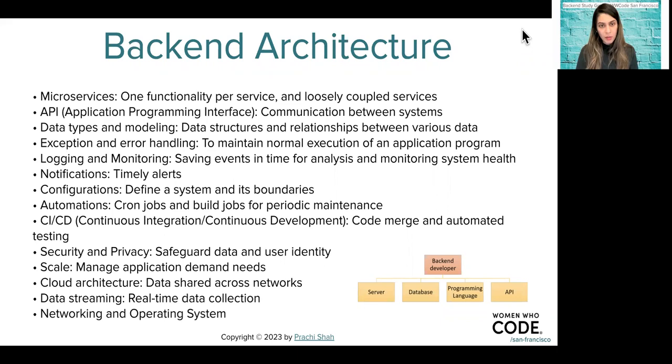Security and privacy, we talked about that. Security would be safeguarding your data and your applications or your system. And privacy would be, if you're collecting user information, something about user identity, then you need to think about privacy and how you persist this data, and what your policy and compliance is when it comes to collection and storage of user identity data.